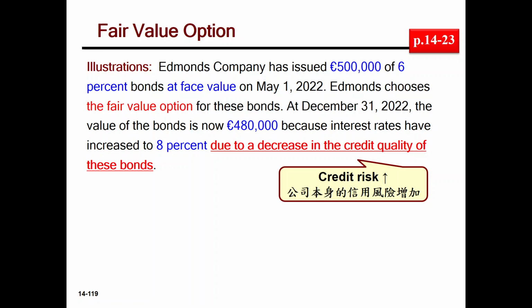Today the market value decreases. The market rate increases. So the market rate increases because of what? Because of the credit quality of the bond. Credit quality of the bond means your company's credit risk increases. So this is your company's fault, right?